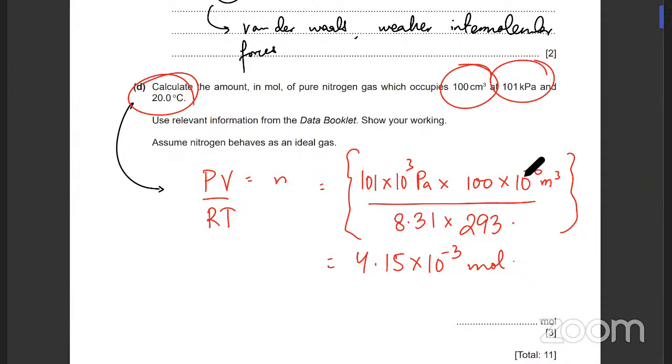That is 100 divided by 1 million, right? So it's times 10 to the power -6, but check it. Make sure you know how to do this on your calculator.